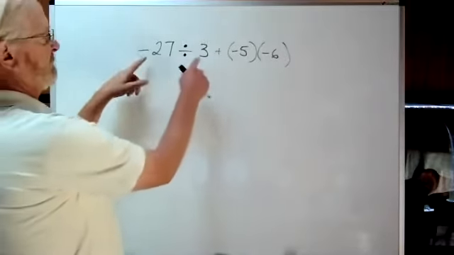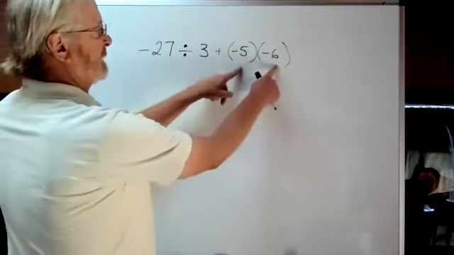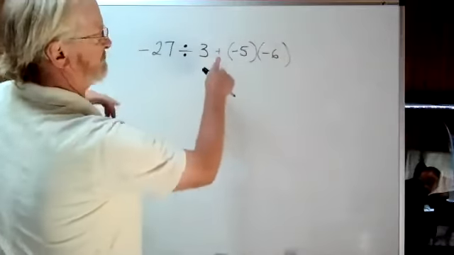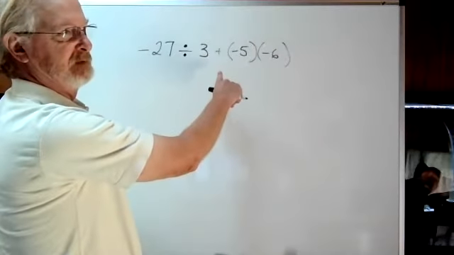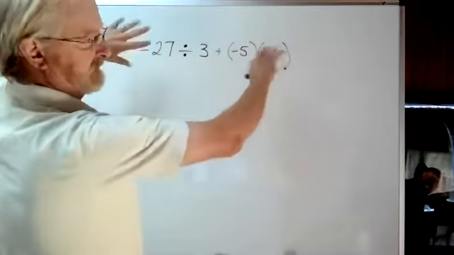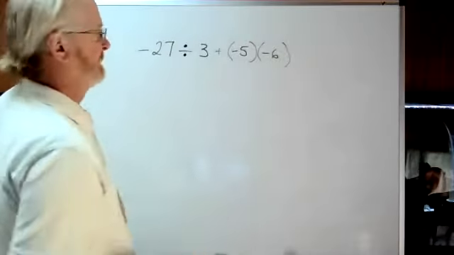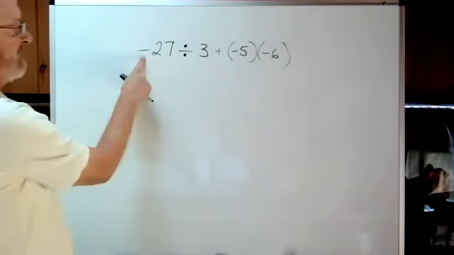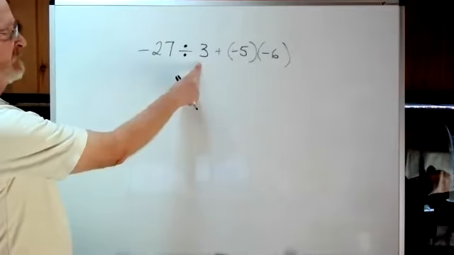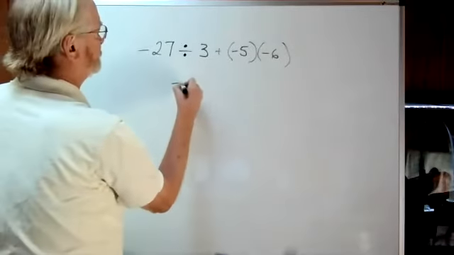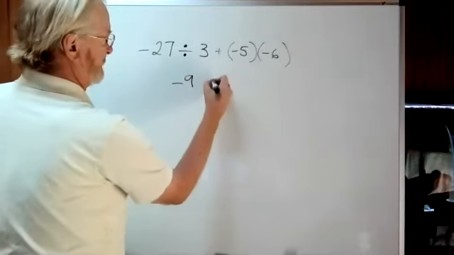Here's a division and here's a multiplication. They're separated by that addition in the middle, so we can do those both at the same step. Here I have a negative divided by a positive, so I'm going to get -9. Here's that plus sign.